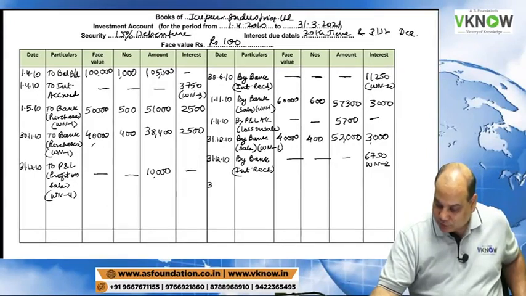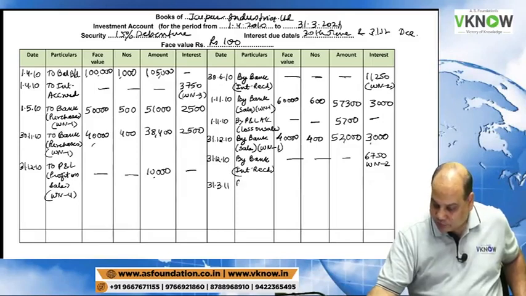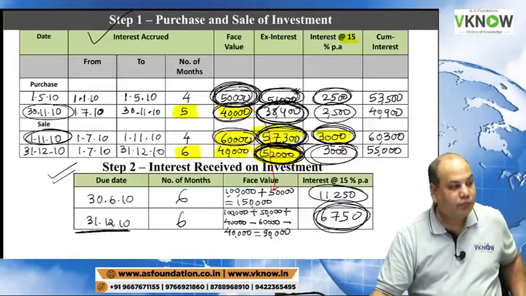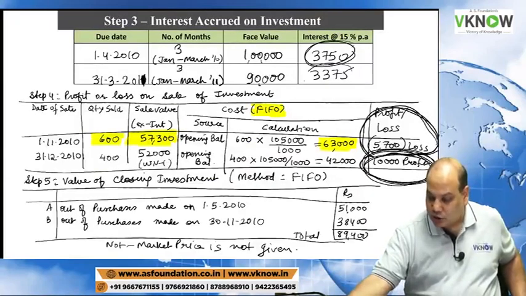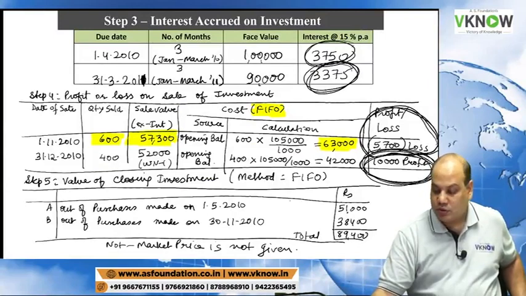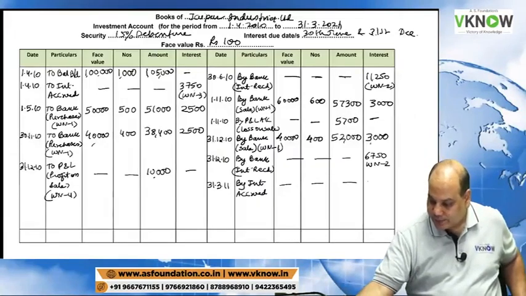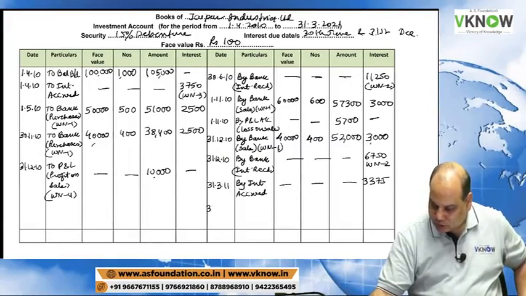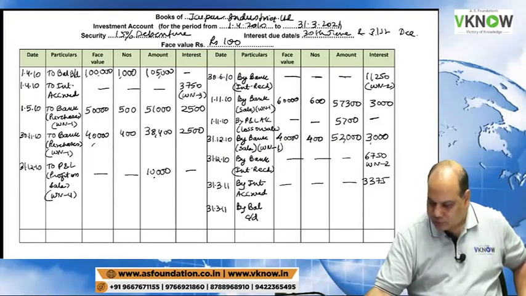Now 31st March 11, by interest accrued. You have to go and check working note 3. On working note 3 at the top, can you see 3375? Then 31st March 11, by balance carried down.